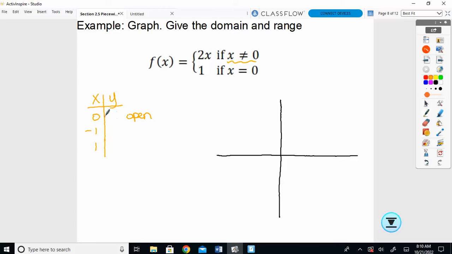Okay, so if I put in a 0, 2 times 0 is 0, 2 times -1 is -2, 2 times 1 is +2.